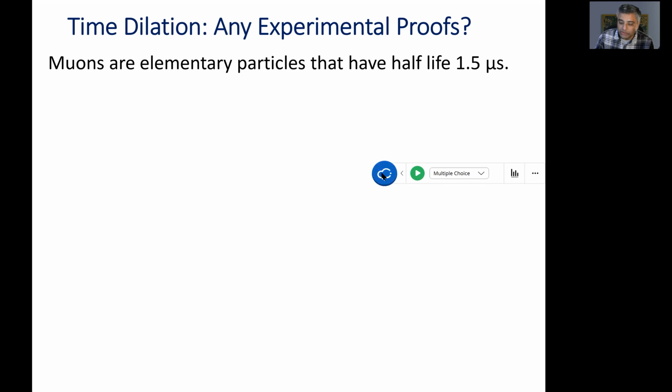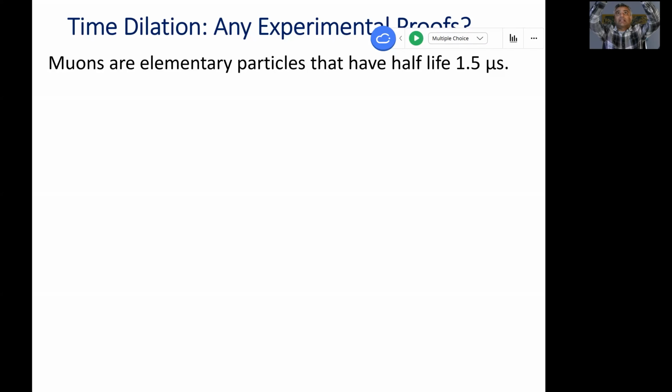So muons are particles that decay over time. The time it takes for them to decay by half the number. So if, let's say, right now there are 100 of them, what happens is they get converted into another particle actually.